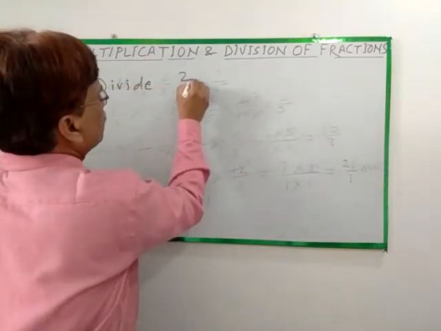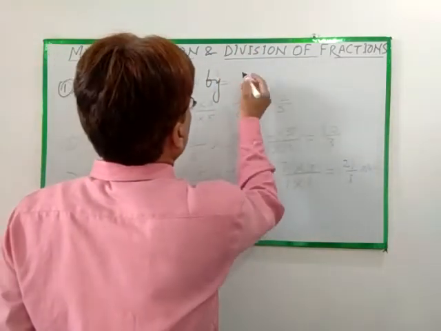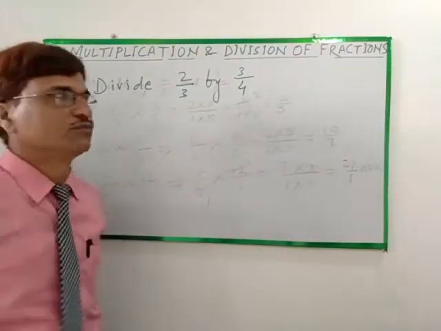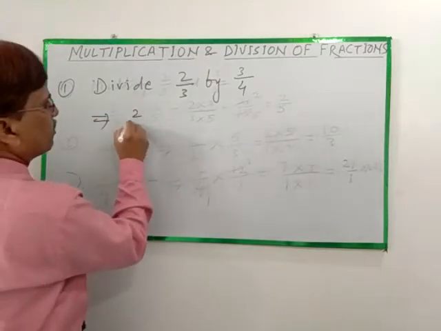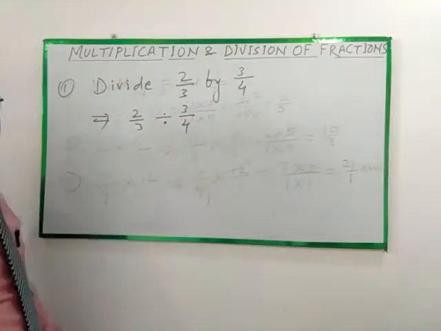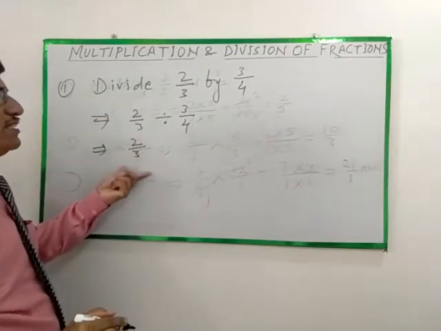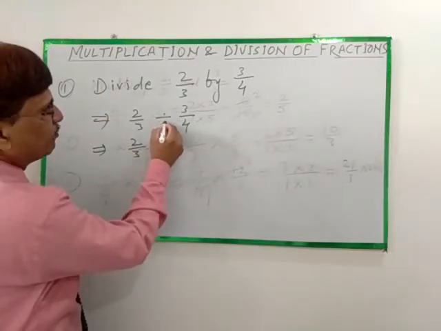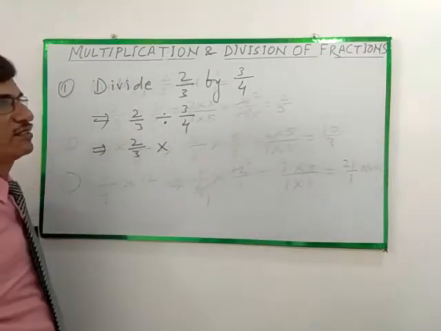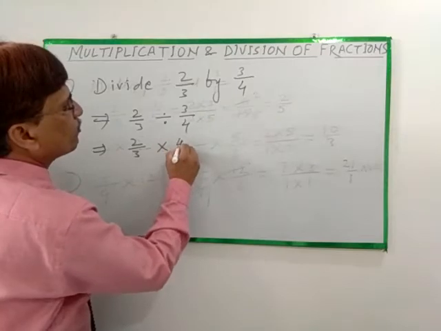Divide 2 by 3 by 3 by 4. Okay, now we have 2 upon 3, put the sign of division and write 3 upon 4. Now 2 upon 3, you have to write as it is, and convert division to multiplication and take the inverse of 3 upon 4, which is 4 upon 3.